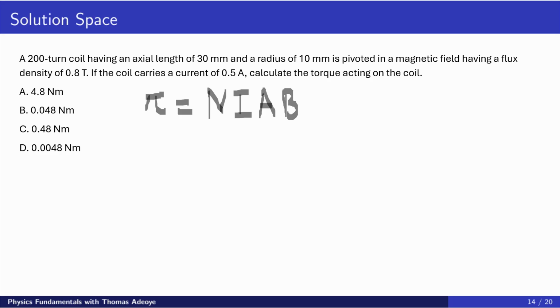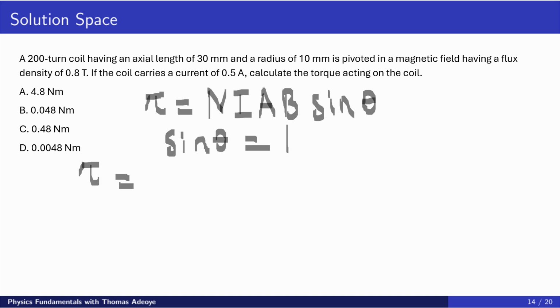But for maximum torque, and in this question they didn't mention anything about angle, some questions just assume maximum torque. For maximum torque, sine theta equals 1, so the formula becomes NIAB instead.